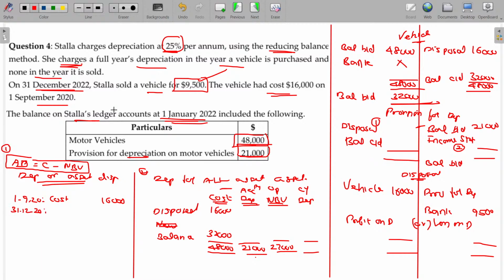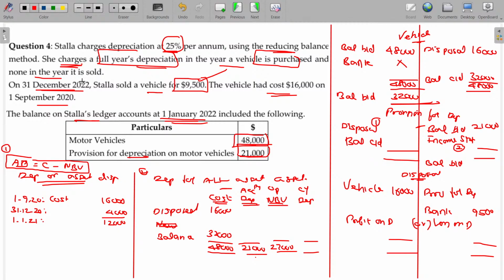Even for the part year, in the year of purchase, you claim the full year's depreciation. In the year of sale, you don't claim the depreciation. So at the rate of 25%, 4,000. Then the balance being 12,000. This is on 1/1/21.